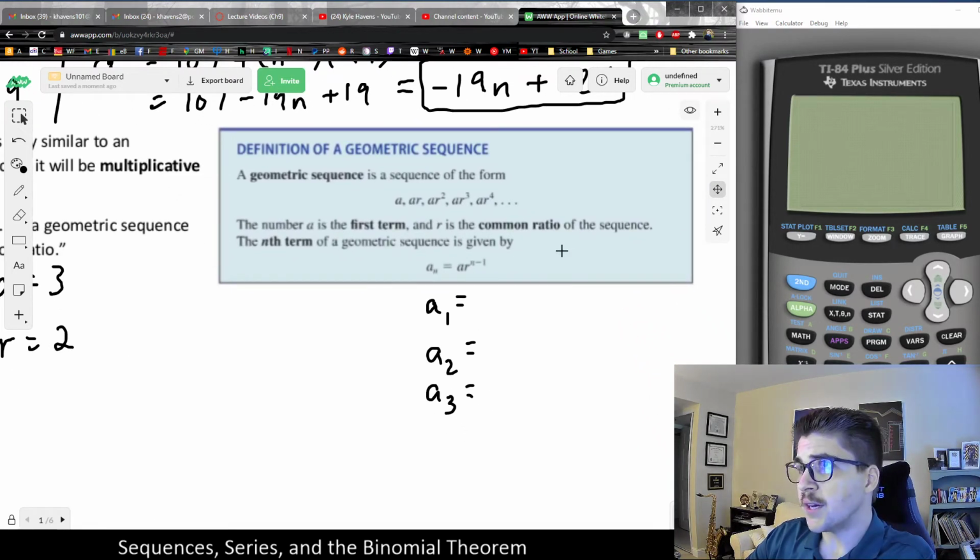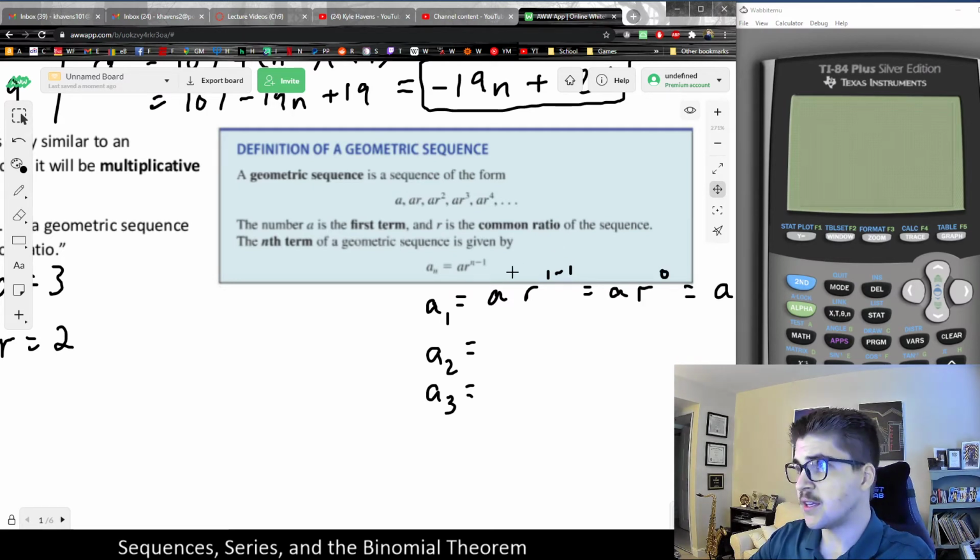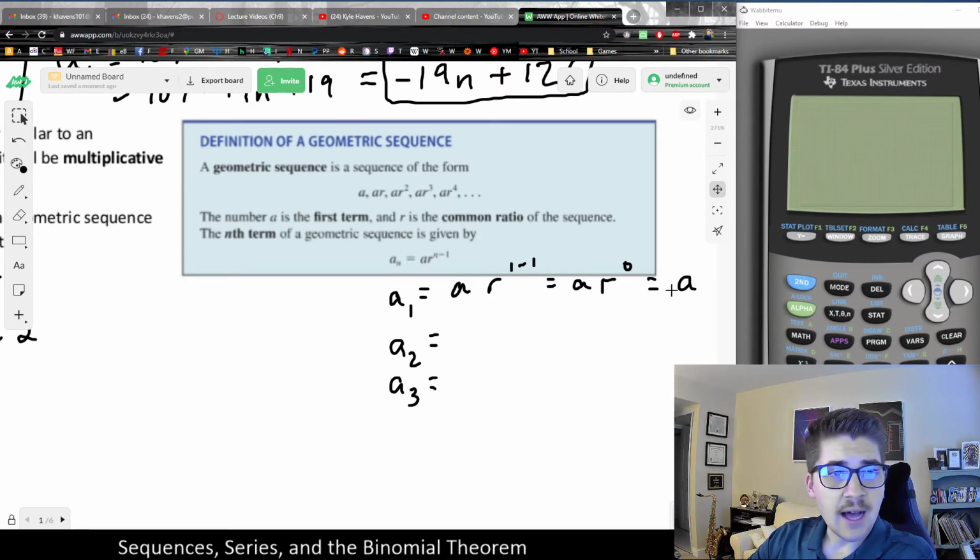So like here, if I plug in a1, I would have a times r to the 1 minus 1 power, and that's, of course, a times r to the 0. And anything to the 0 power makes 1. So this would leave me with a times 1, and a times 1 is, of course, a. And so basically, I would start with the first term.